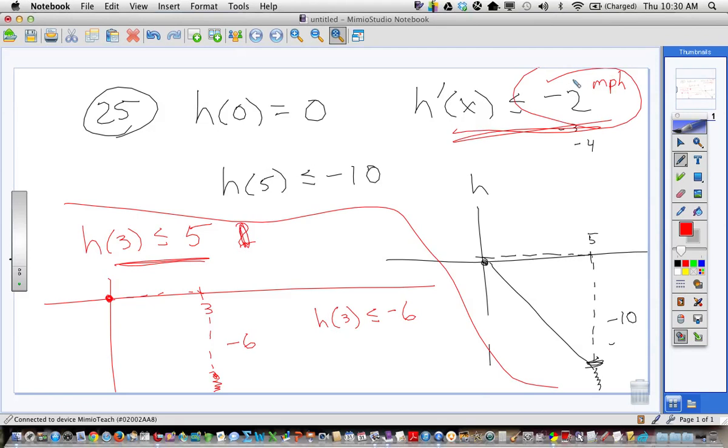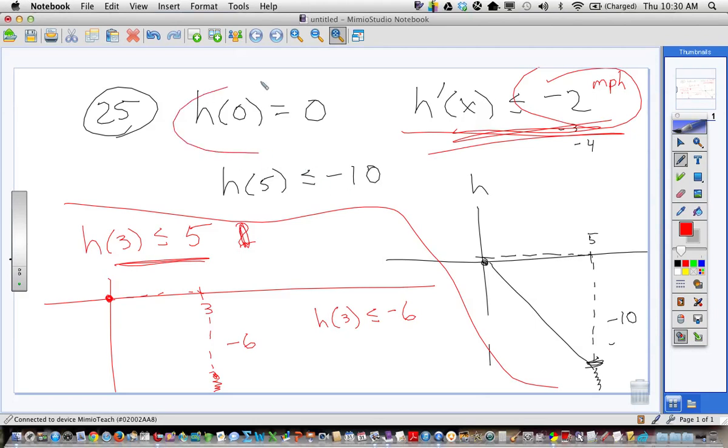So what's that mean as far as the speed? Could be faster, right? -3 is faster. -4 is faster, yeah. But all negative, so it's in the westward direction. So this is saying the car is going at least 2 miles an hour to the west. But it could be going faster.